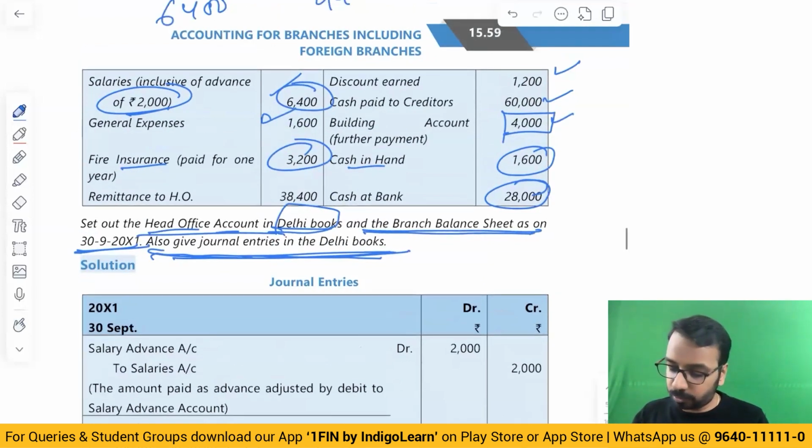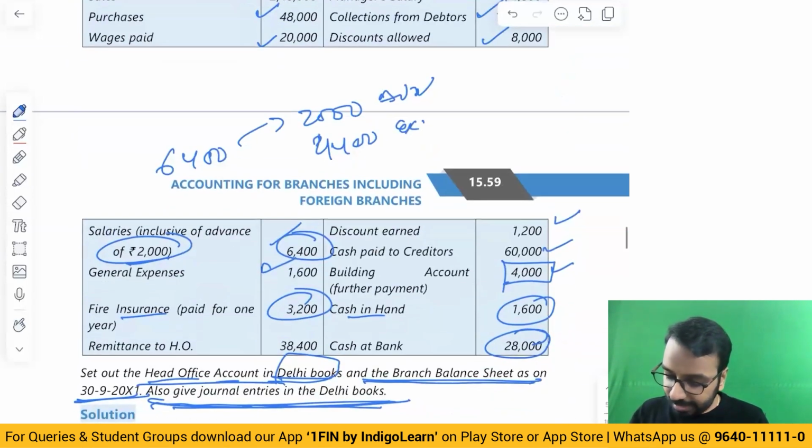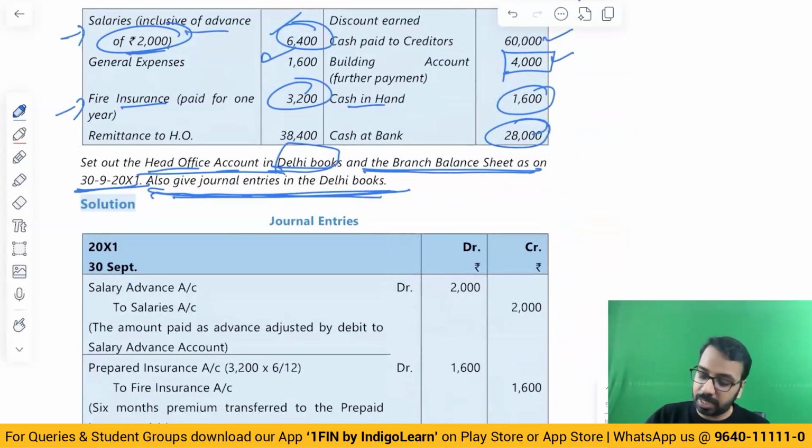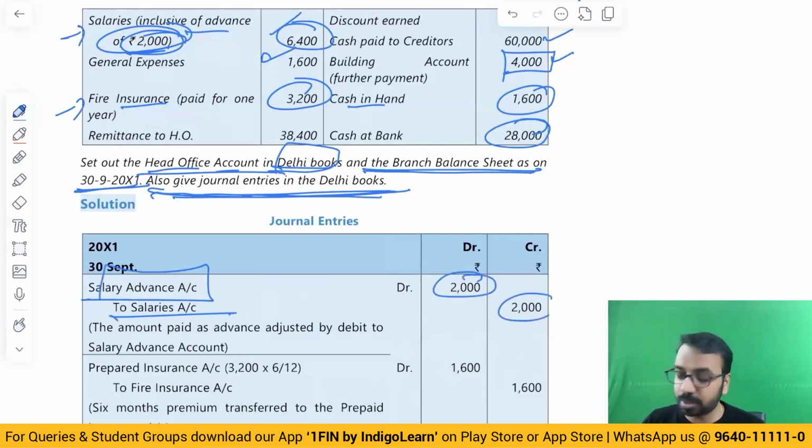Before that, what we need to do is, if there are any adjustment entries or closing entries pending, meaning prepaid expenses, outstanding expenses, and all of that, that also has to be adjusted. So first, salaries including advance of 2,000. That is not my salary expense. So I will debit salary advance account and credit salaries 2,000.